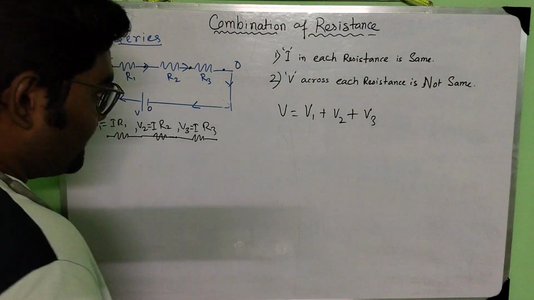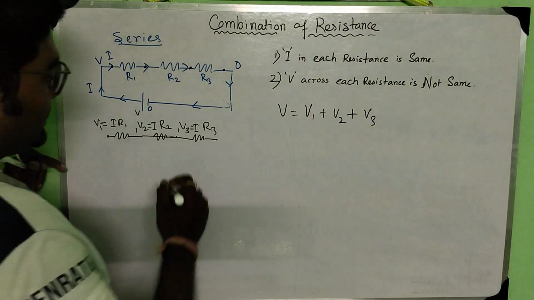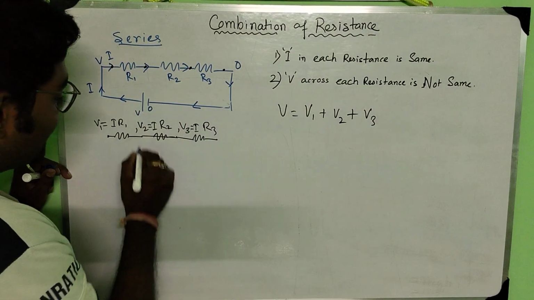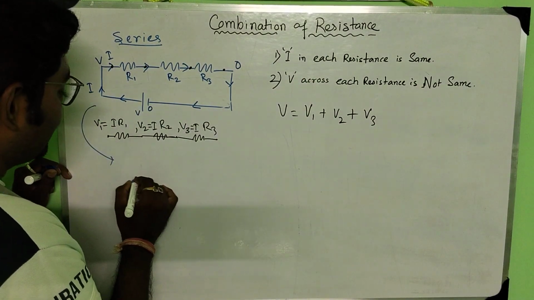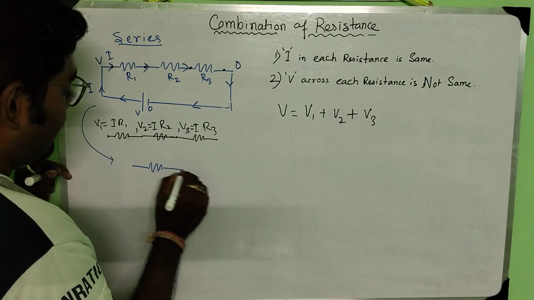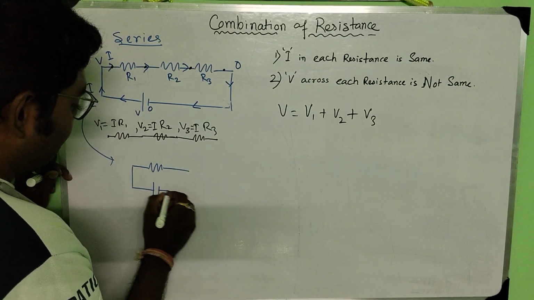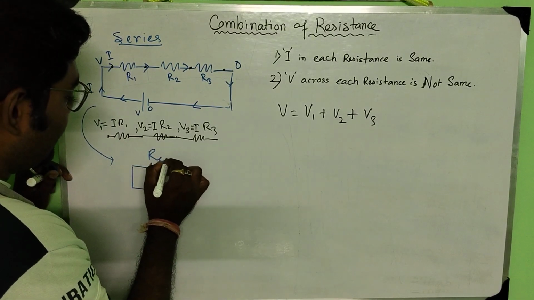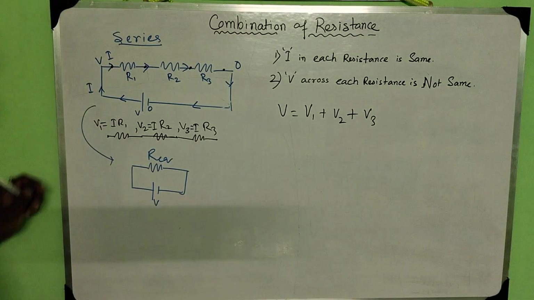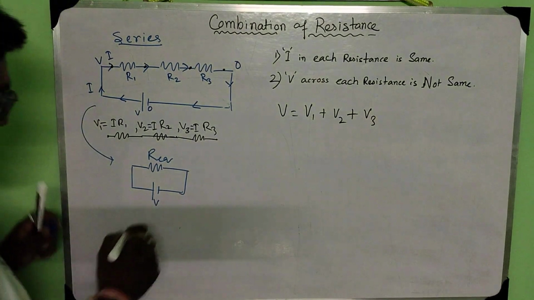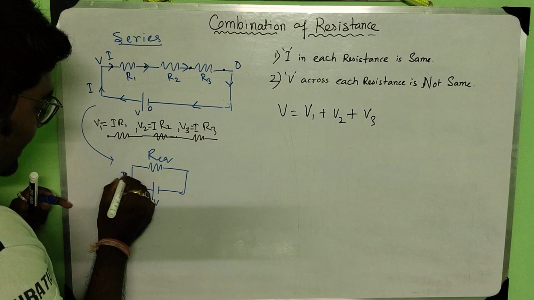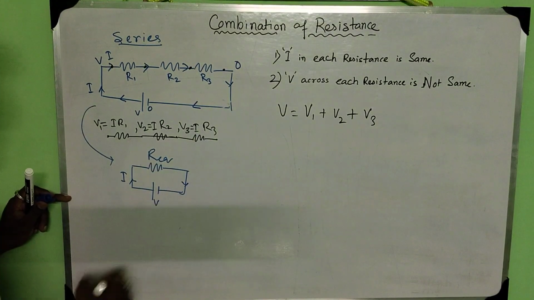Now, let's say the equivalent resistance is like this. This is R eq and this is the voltage drop V, and current I will flow through the equivalent resistance.